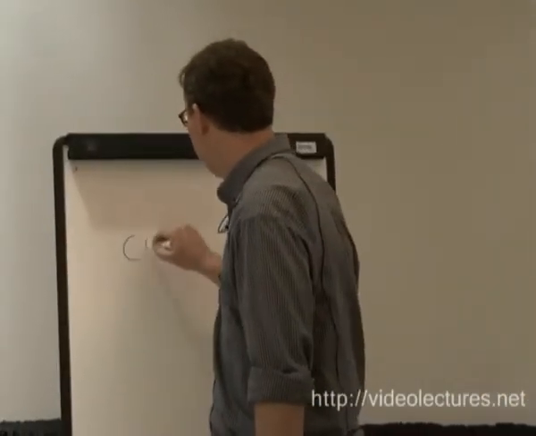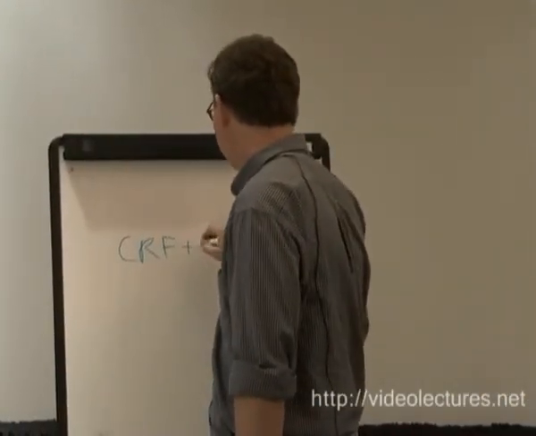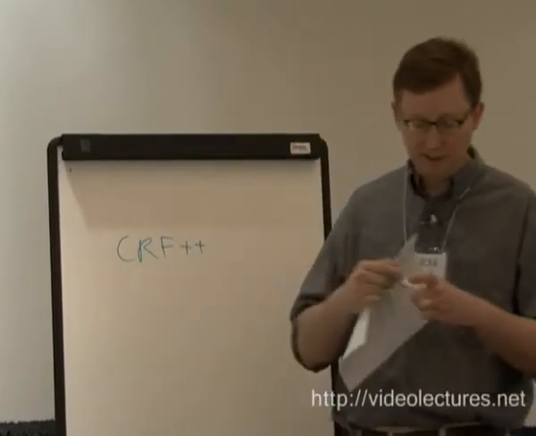I've had students who have occasionally tried to compare different packages, and the conclusions have been mixed, and may have been mostly due to their familiarity with the packages. But there are 2 that I would recommend. There's a package called CRF++, which, as the name suggests, is written in C++.